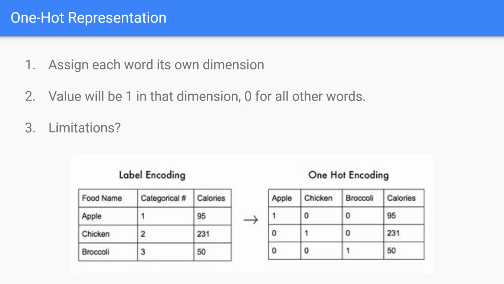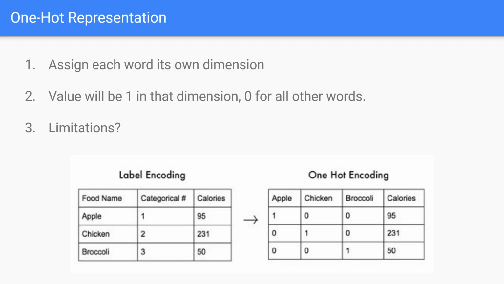In a one hot representation, what happens is there's a vector of the size vocabulary, that is the number of words. Vocabulary size is the number of words in a vocabulary, and each word's vector is the size of that vocabulary. Now, each word is given its dimension.